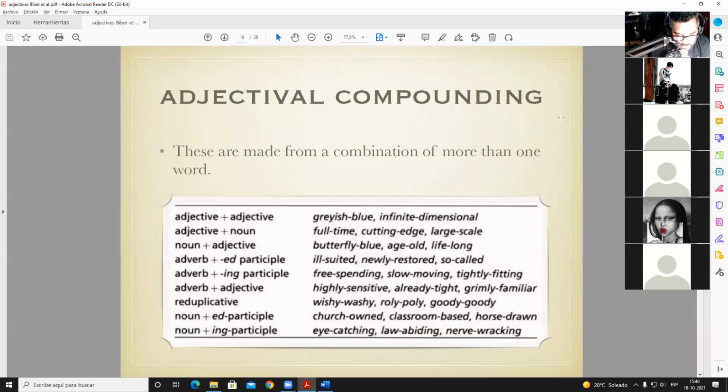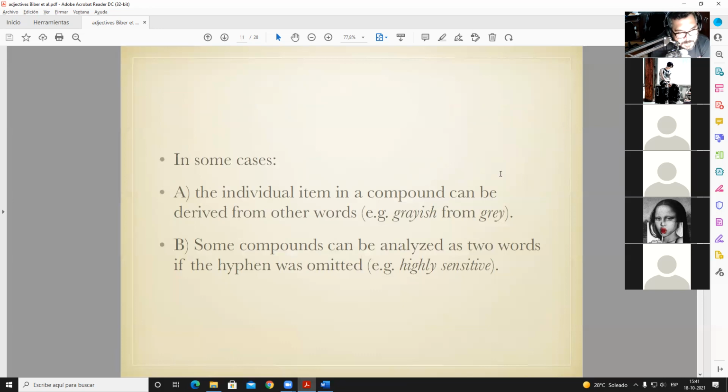They have this sound thing, right? There's a name for that. They just sound funny, and probably because of that, they were used. In some cases, the individual item in a compound can be derived from another word, like grayish from gray. Now we know. Good.